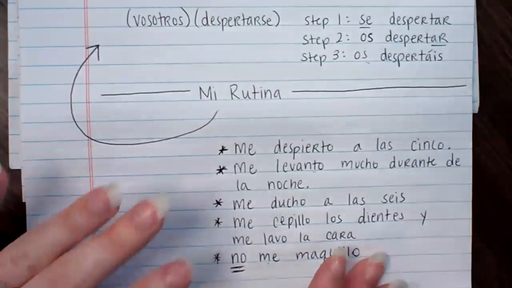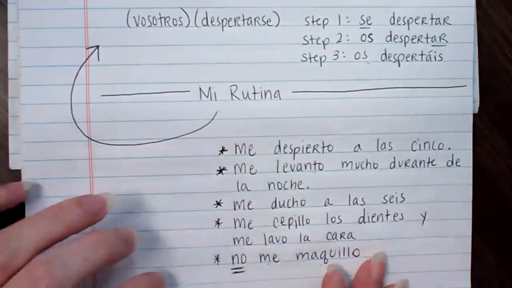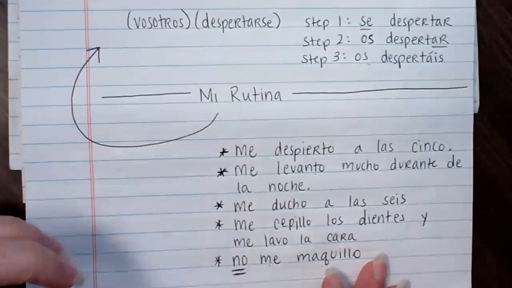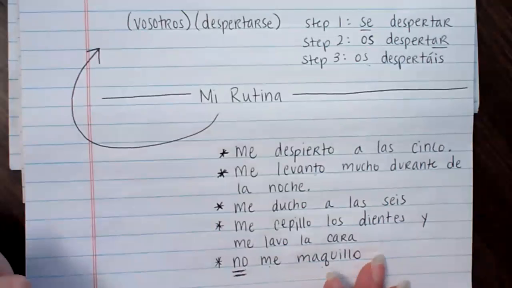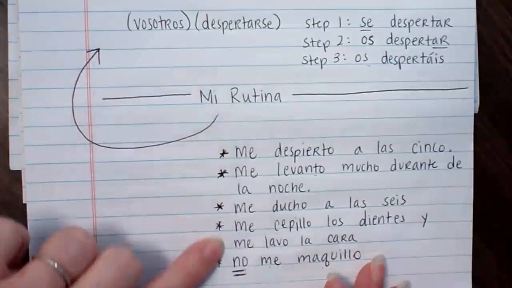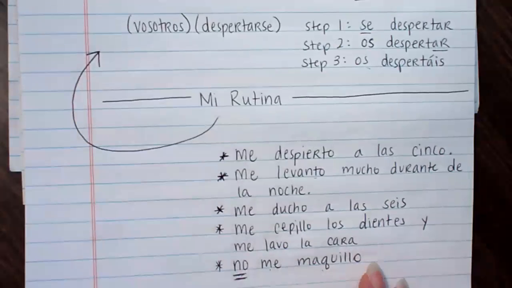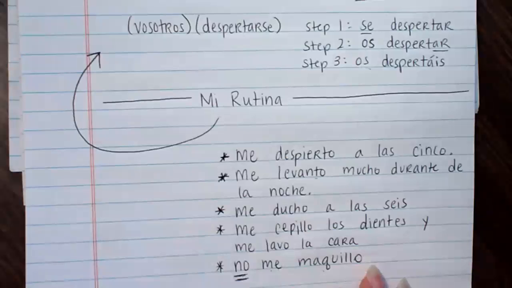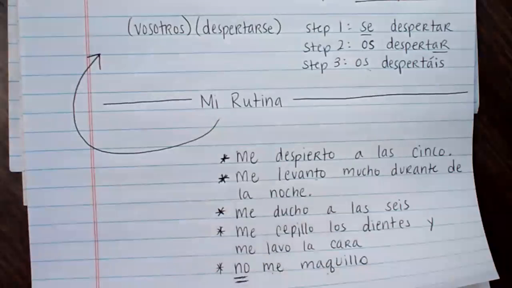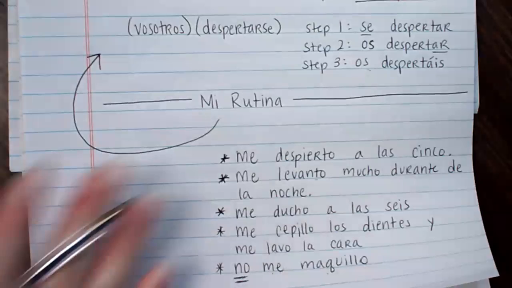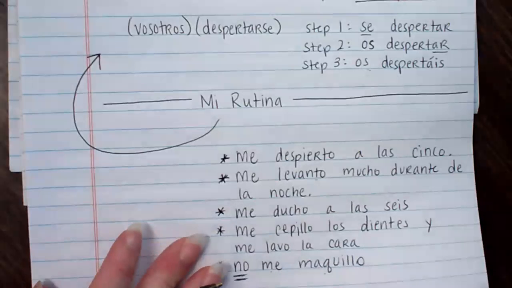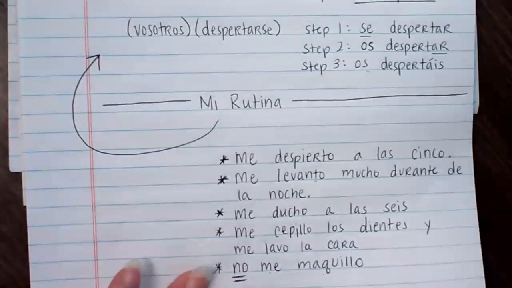So your mi rutina activity, you've got a video that you're going to watch, and she's going to be using reflexive pronouns like this as she's getting ready. And you guys are just going to translate some of the sentences from that video. And then you're going to write about your own daily routine using this structure.